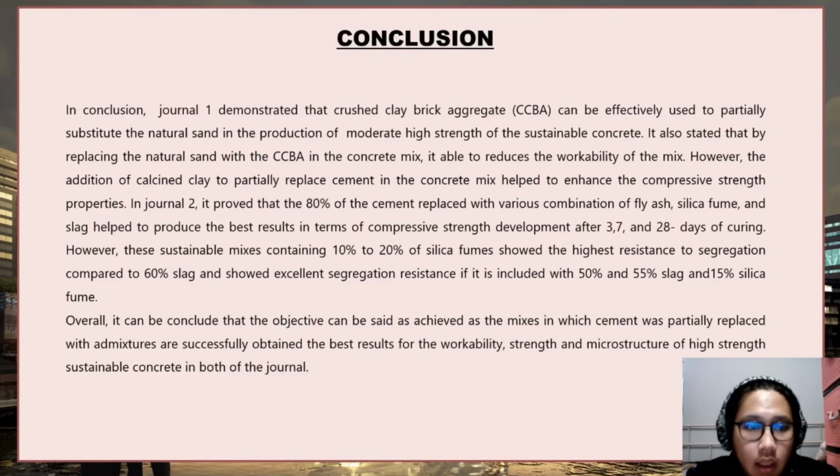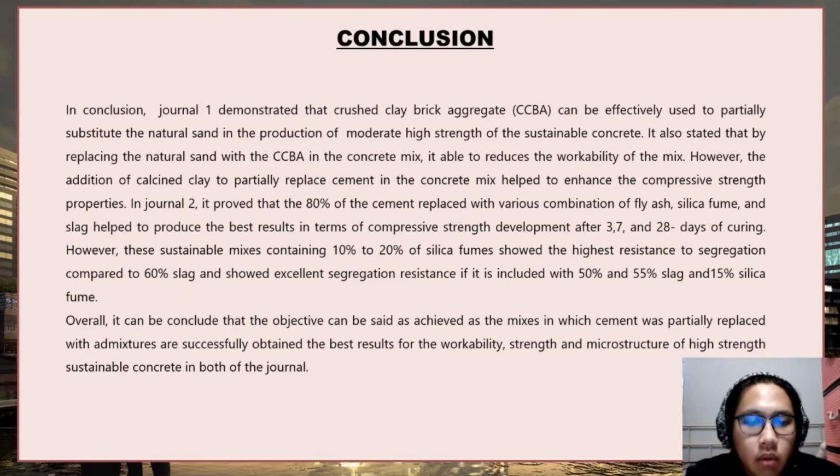However, the addition of calcined clay to partially replace cement in the concrete mix helped to enhance the compressive strength properties. In Journal 2, it proved that 80% of the cement replaced with various combinations of fly ash, silica fume, and slag helped to produce the best result in terms of compressive strength development after 3, 7, and 28 days of curing.